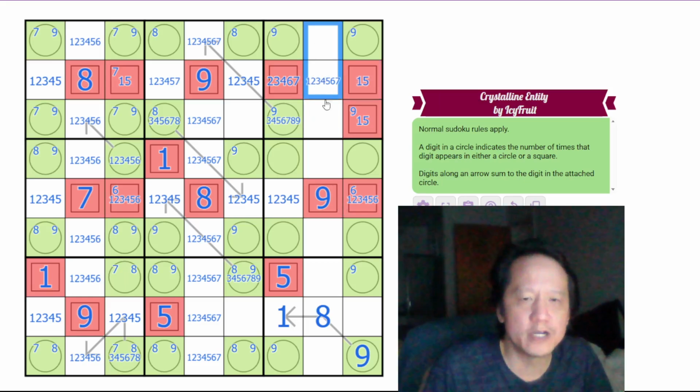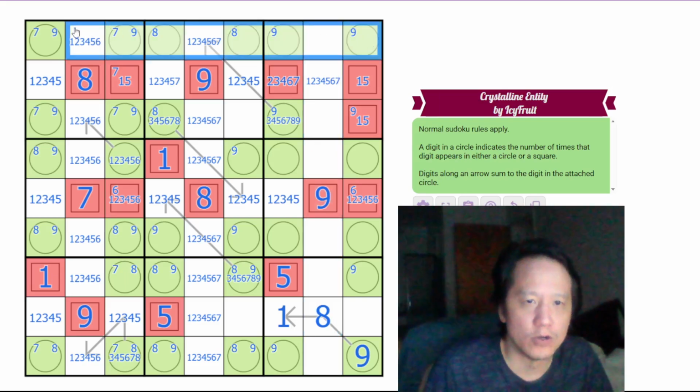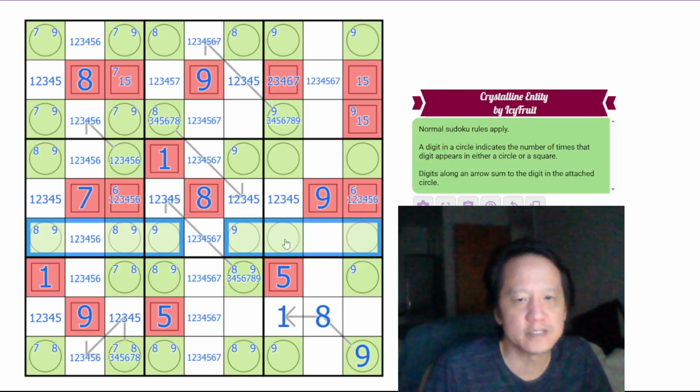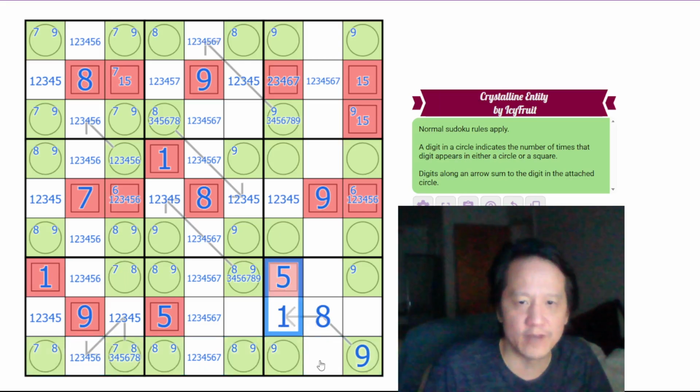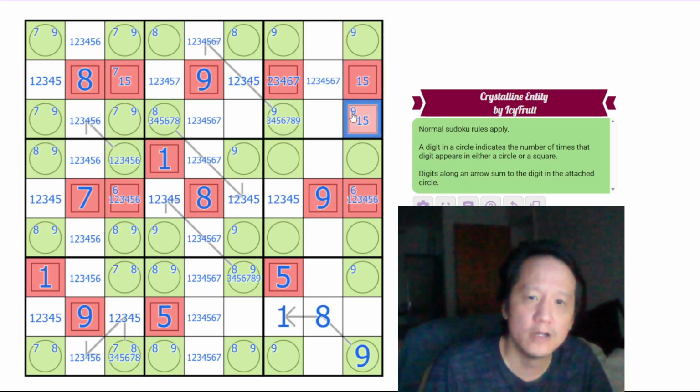Where are the 1 and 5s in rows 1, 6, and 9? It cannot be here because of the 1, 5 in the box. It cannot be here because of the 1, 5 pair in that box.